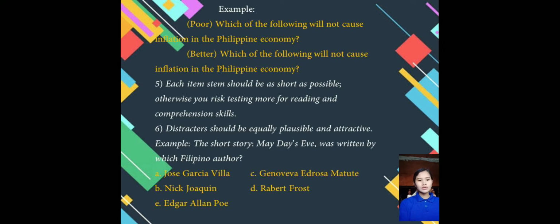Number 6 guideline. These distractors should be equally plausible and attractive. For example, the short story May Day's Eve was written by which Filipino author? A. Jose Garcia Villa. B. Nick Joaquin. C. Genoveva Edroza Matute. D. Robert Frost.